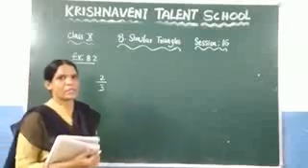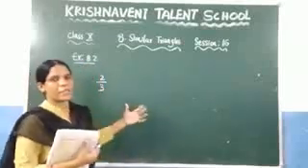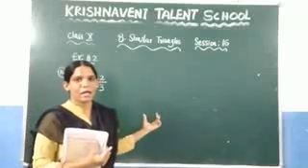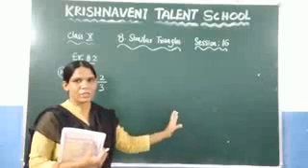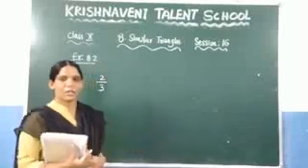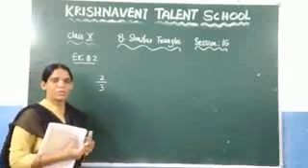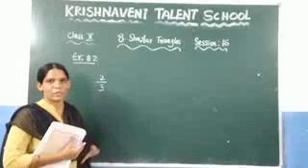I told you in yesterday's session, if you consider a proper fraction, you will get a similar triangle inside. And if you take an improper fraction, you will get a similar triangle outside. So here you will get a similar triangle inside the triangle. Now let us see how to construct the similar triangle by taking the ratio of 2 by 3.